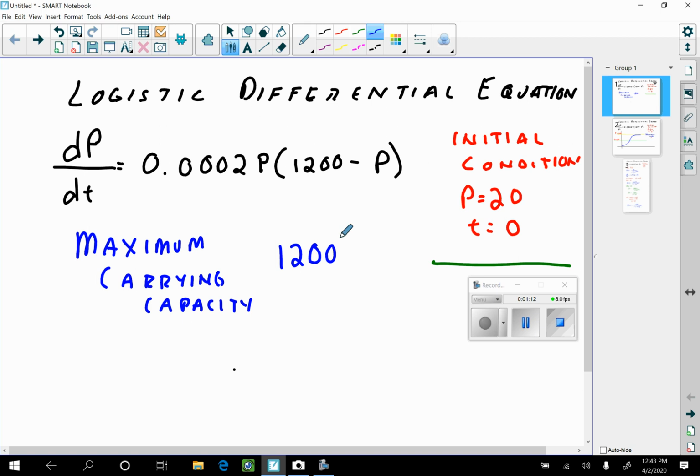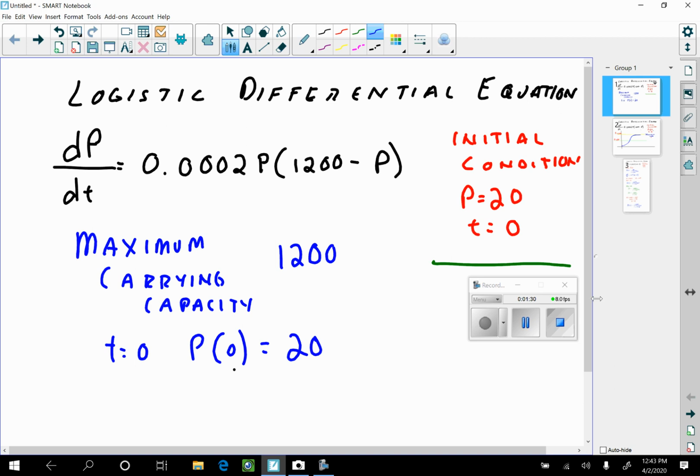That's what we call the horizontal asymptote of the population model. The other thing we know is this guy right here: at time t equals 0, the population is starting off at 20. So we're going to use those two pieces of information.